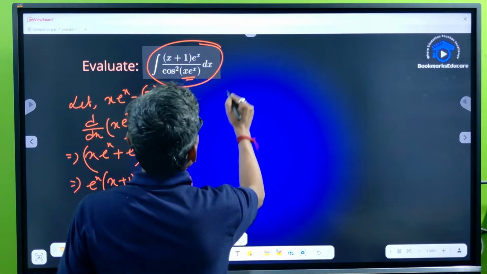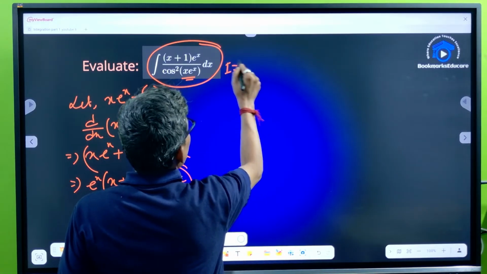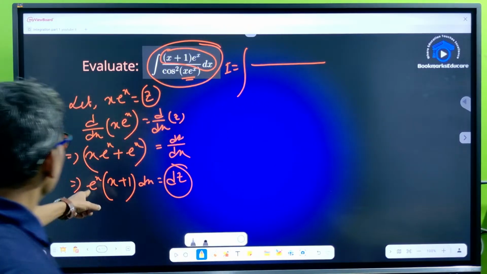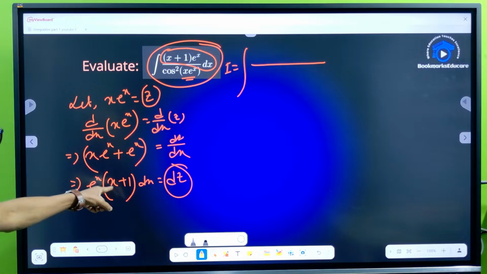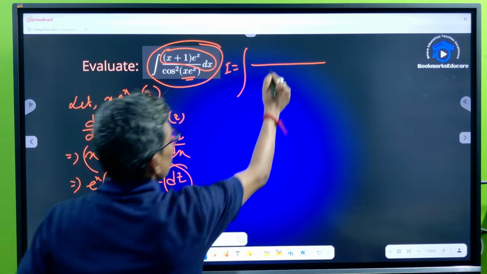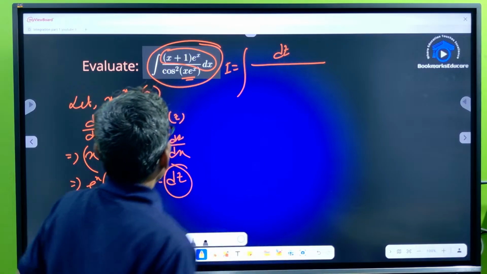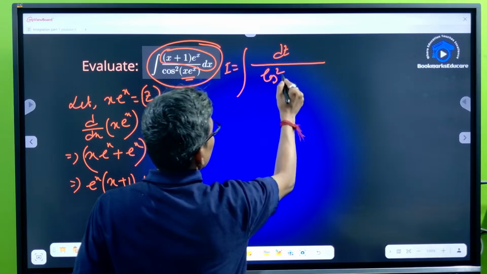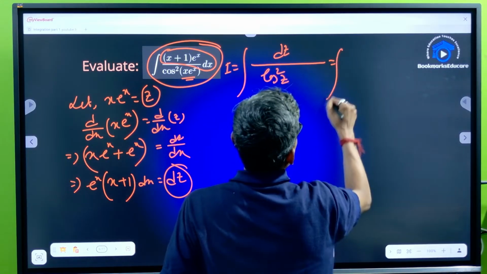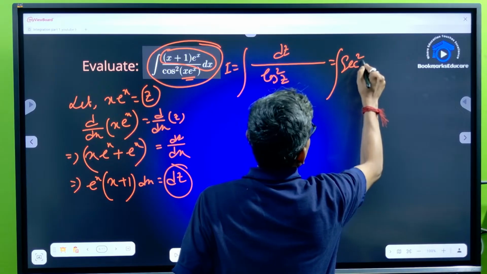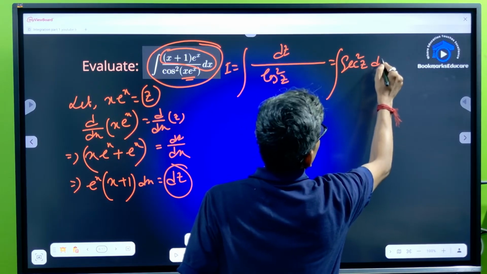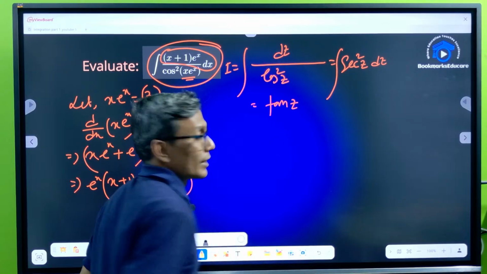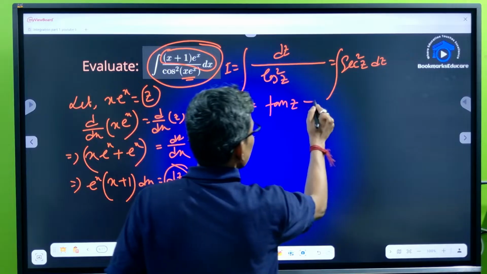So I is equal to, this means dz, e to the power x into x plus 1 dx means dz, and cos square z. So now sec square z dz. So integral of sec square z means tan z plus c.